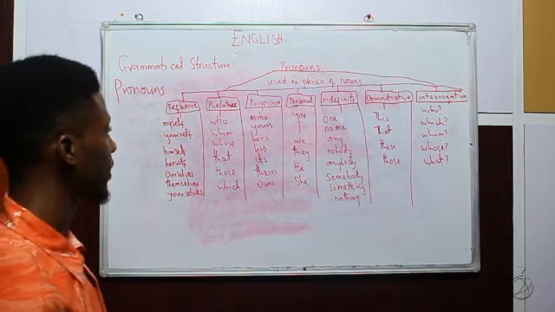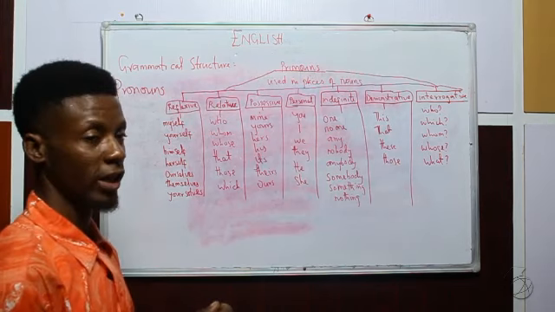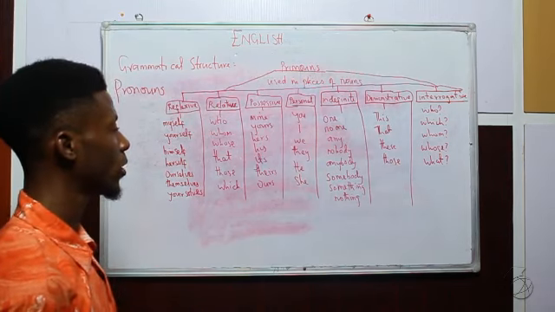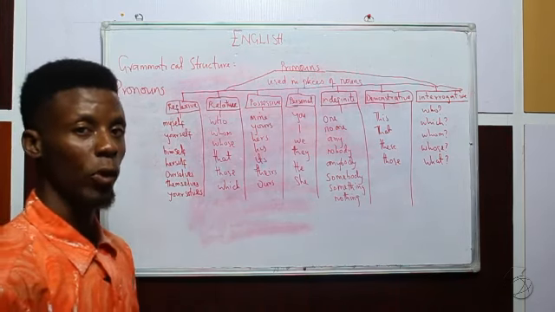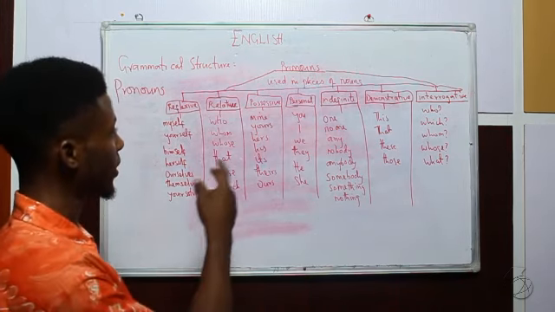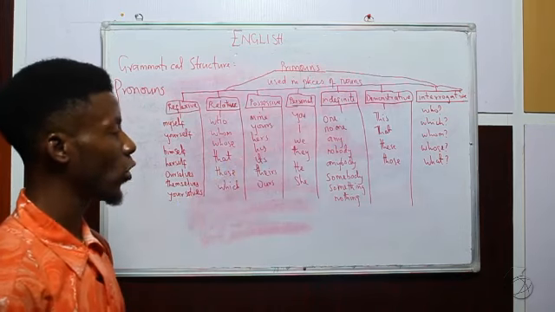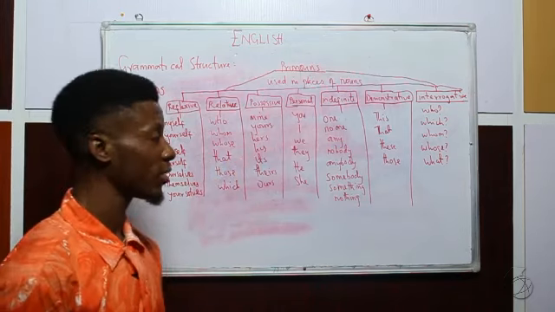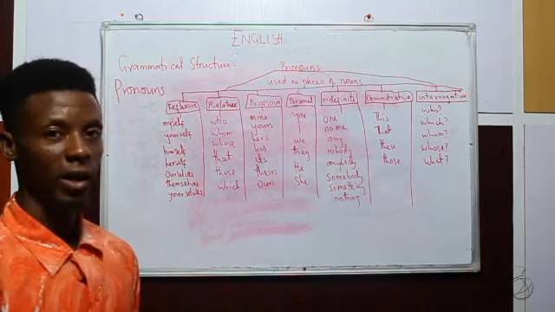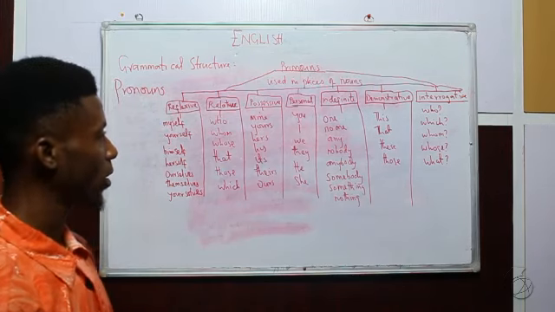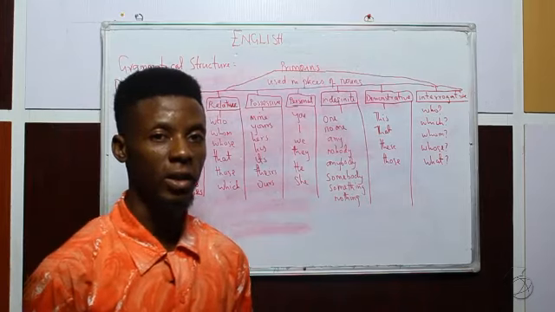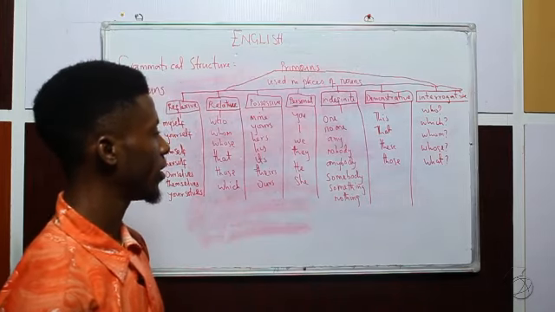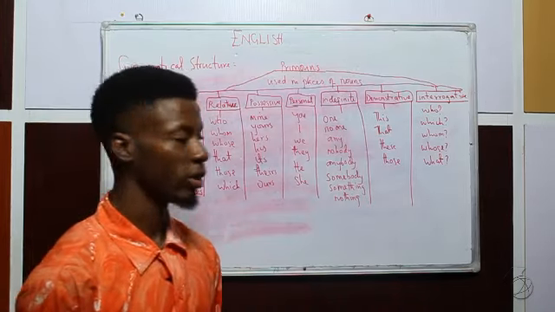We have relative pronouns: who, whom, whose, that, those, which. Possessive pronouns: mine, yours, hers, his, its, theirs, and ours. And under personal pronouns, we have you, I, we, they, he, and she.